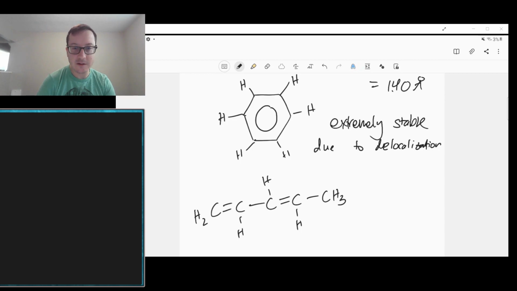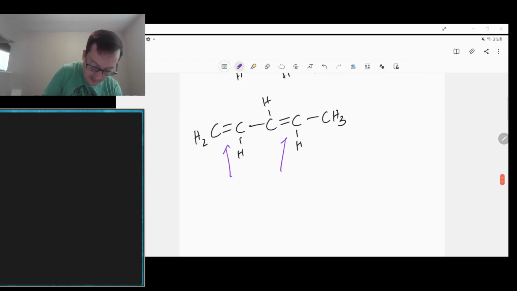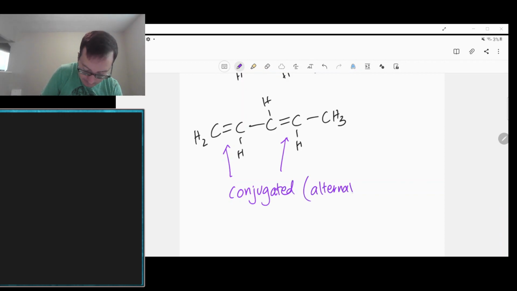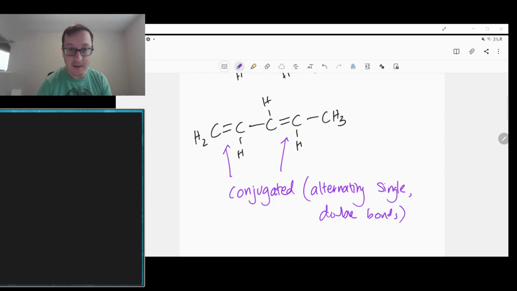So another organic molecule here. And as we have a special term for it, we call these double bonds conjugated. We have alternating single and double bonds in a carbon chain. And so we're going to see that conjugated systems will also be especially stable because they can delocalize their electrons.